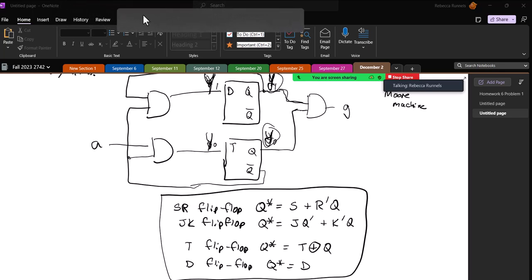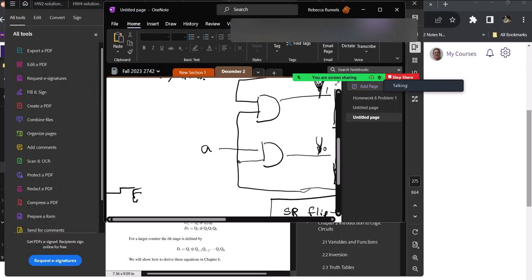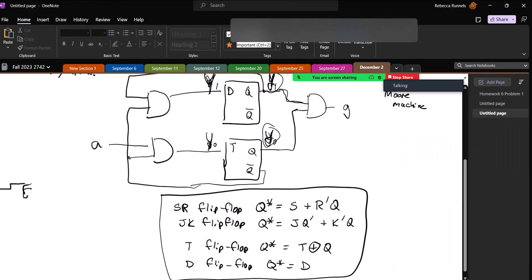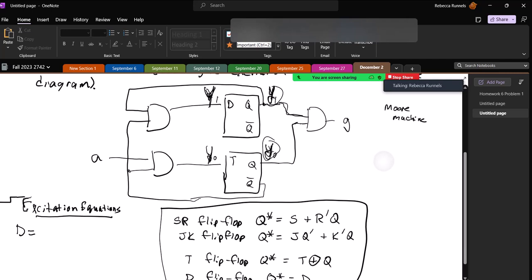So now I'm going to write my excitation equations. D equals just the AND of Y1 and not Y0.